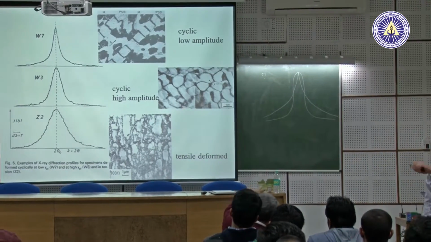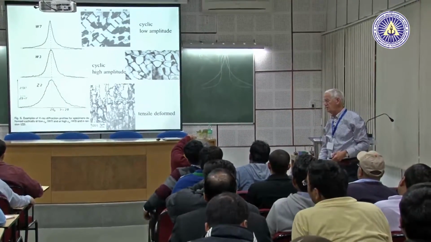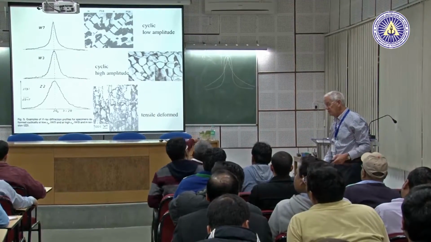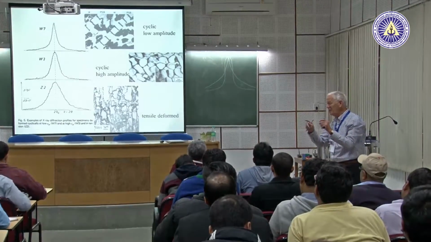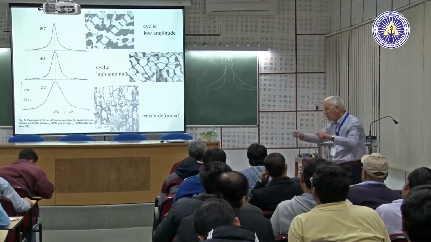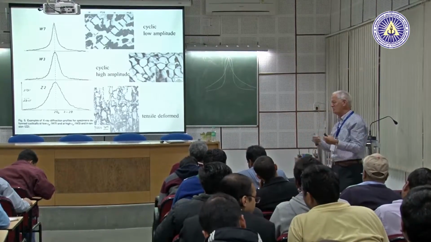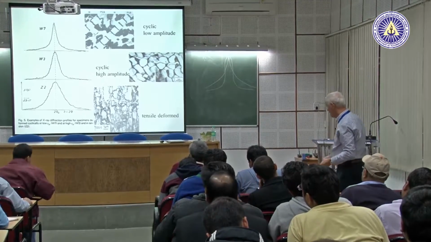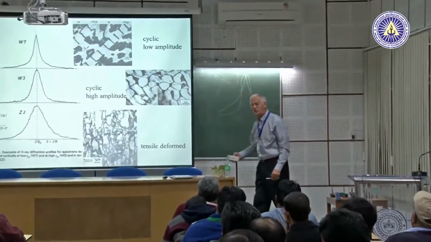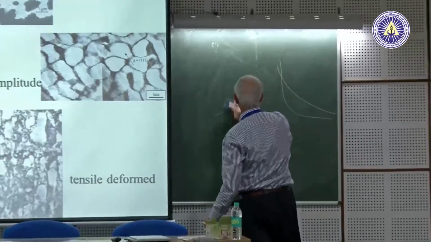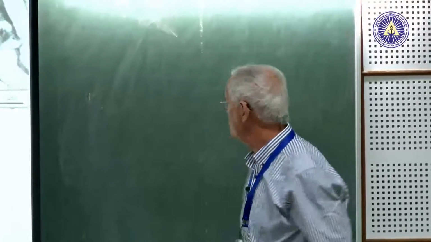But in this kind of intersection, the two have the same width, full width at half maximum. But that may not be the case. It doesn't matter. We only analyze the shape. We don't care about the breadth. Okay? Of course, because we have two parameters for the dislocation structure.